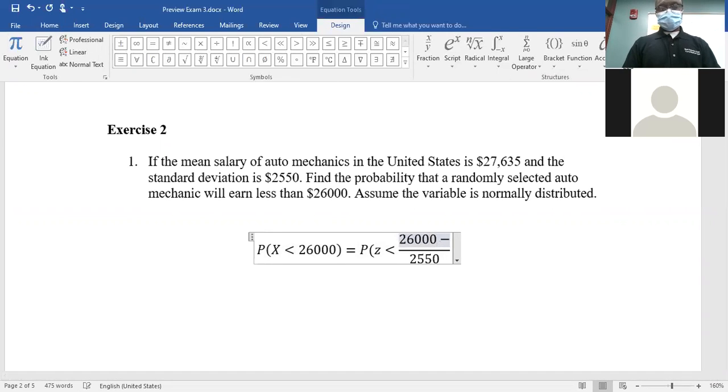26,000 minus 27,635, which is the mean. So value minus mean divided by standard deviation.